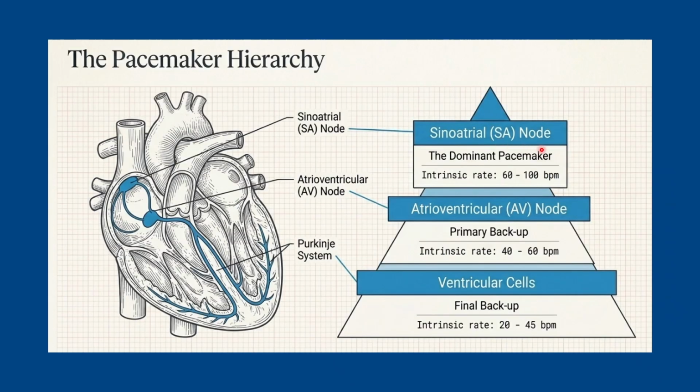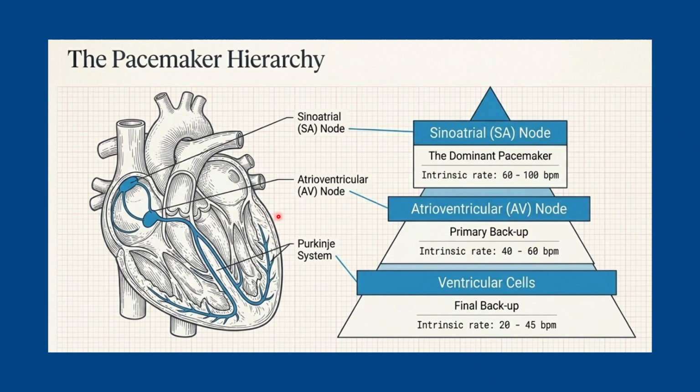This node is the pacemaker of the heart. It is the dominant pacemaker, and it takes its dominance because it has the highest and fastest firing rate of impulses in the heart. Its rate is 120 beats per minute, but its intrinsic rate is usually 60 to 100 beats per minute under the effect of parasympathetic fibers, which supply the atria through the vagus nerve.